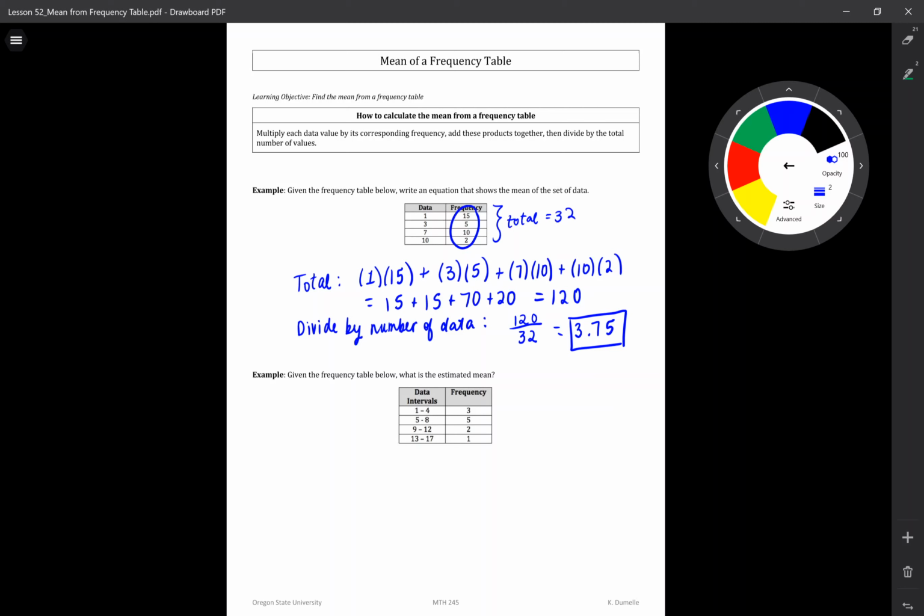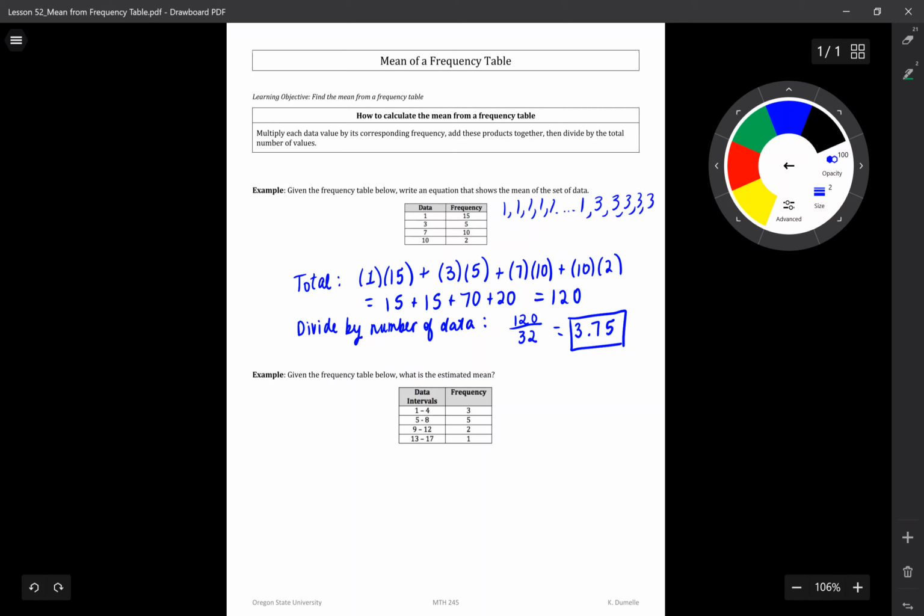This is the easiest way to do this. If you really wanted to, you could find the mean in the following way. You could list out all of your data points, right? So we have 15 ones, so you could do 1, 1, 1, 1, 1, all 15 of them, and then we have 3, 3, 3, 3, 3.